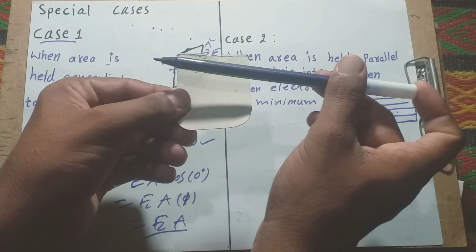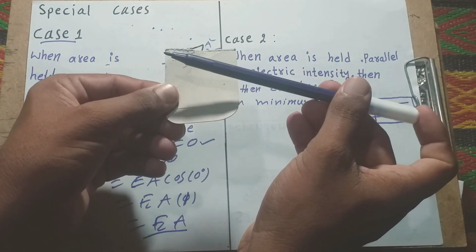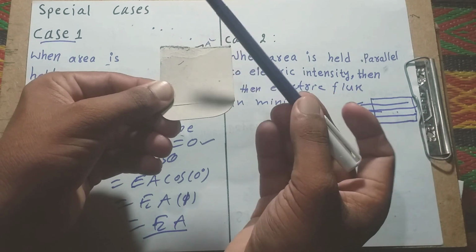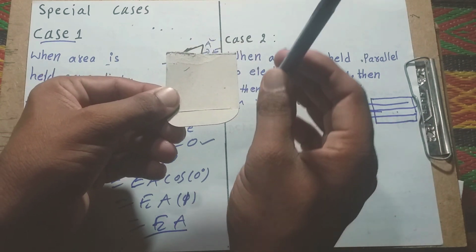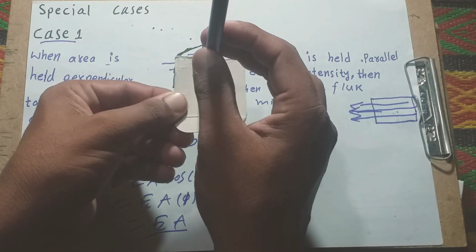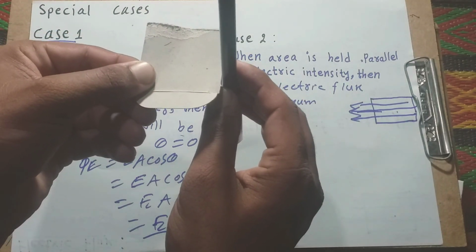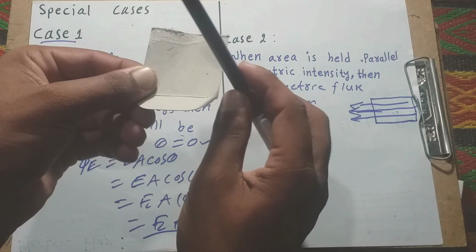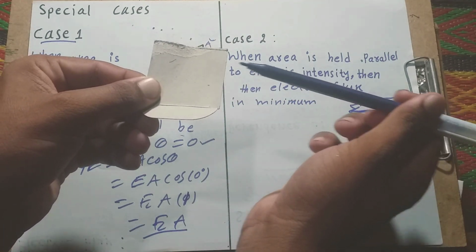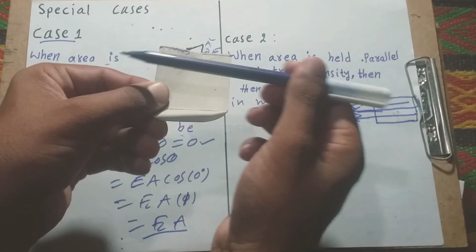Both are parallel to each other, but the vector area is along the direction of the normal, and electric lines pass parallel to the area.